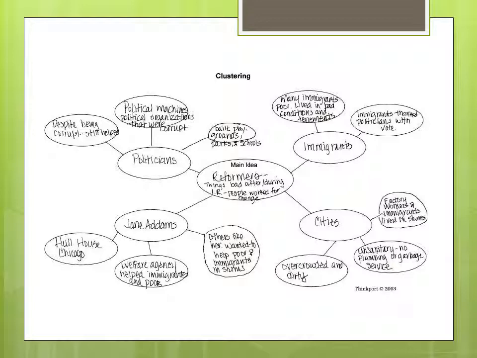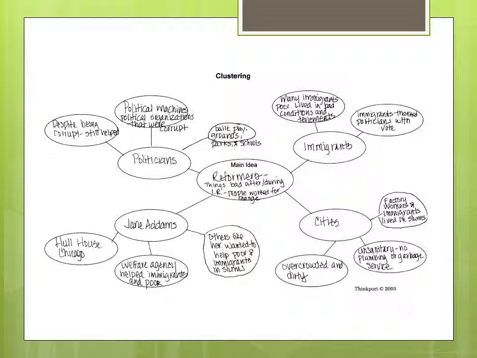Another area that reformers touched was immigrants. Many immigrants were poor, lived in bad conditions in tenements, and immigrants thanked politicians with votes. So the politicians would come along and do something to help the immigrants, and the immigrants would thank them by voting for them.